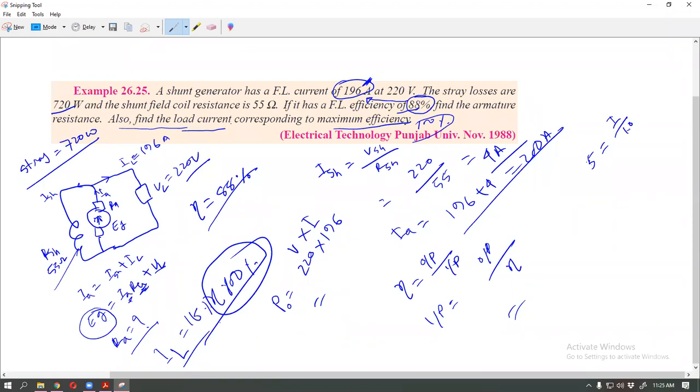This is not the right equation of the input. Efficiency is equal to output by input, this is the power stage. We need the power stage.